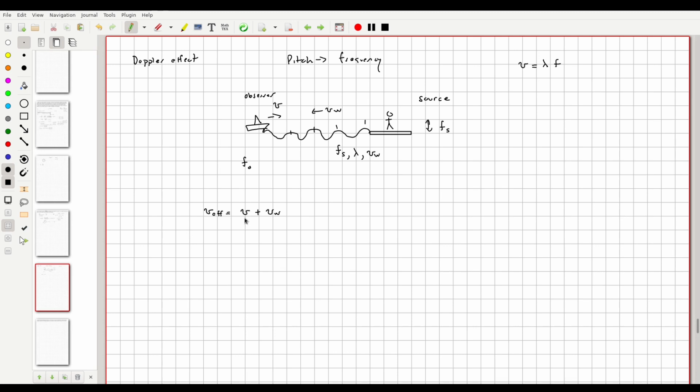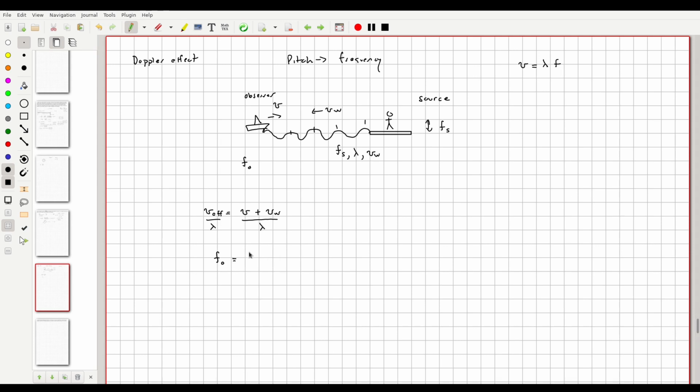Okay. Now it's this effective velocity that's giving me the frequency that I see, which means that if I were to divide this by lambda, then on the left-hand side I get the frequency that I observe.